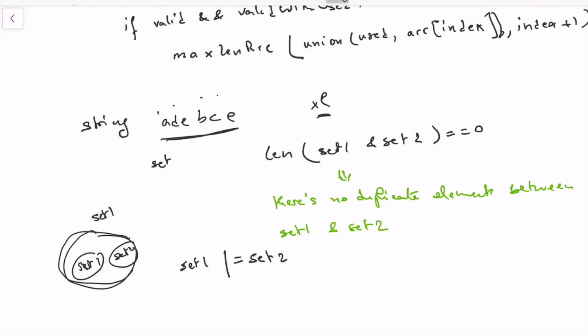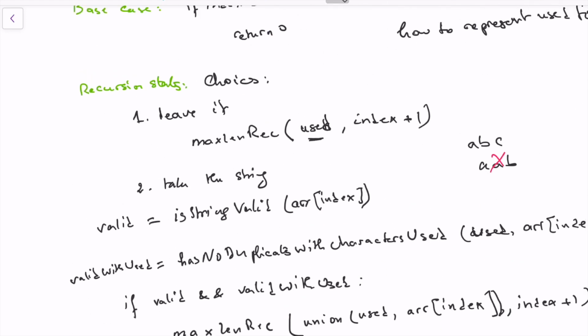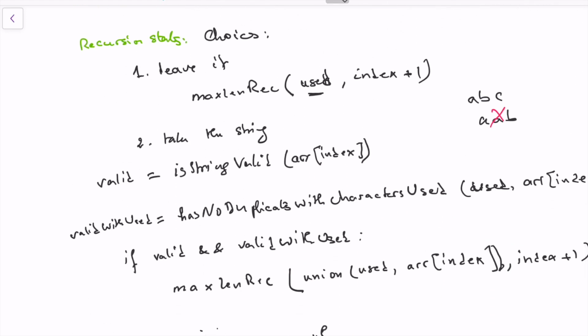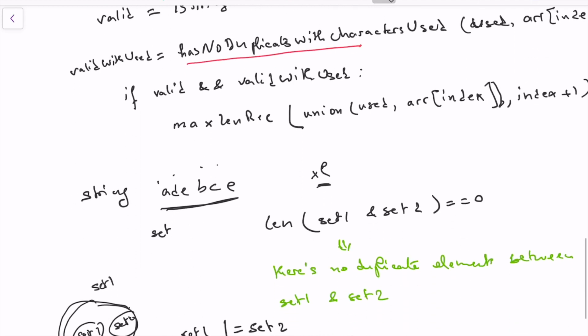So with this, the two operations that we need are: checking that the new string doesn't have duplicate characters with the used, which we can do by making the new string a set and intersecting it with the used so far. If the length is 0, that means there is no element common between the two, which means we don't have any duplicates. So it's a really easy operation.